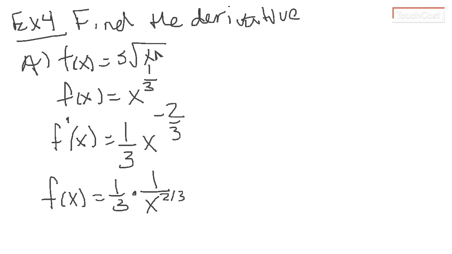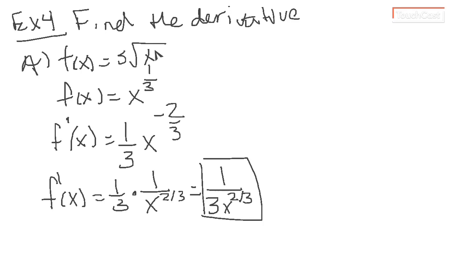And again, think back to algebra, multiplying these two fractions, we're going to have our derivative really just be 1 times 1 is 1 over 3x to the 2/3 power. We could go a little farther than that, but really we can stop here. If you wanted to go farther, this would really just be 1 over 3 cube roots of x squared. But I wouldn't worry about going that far.